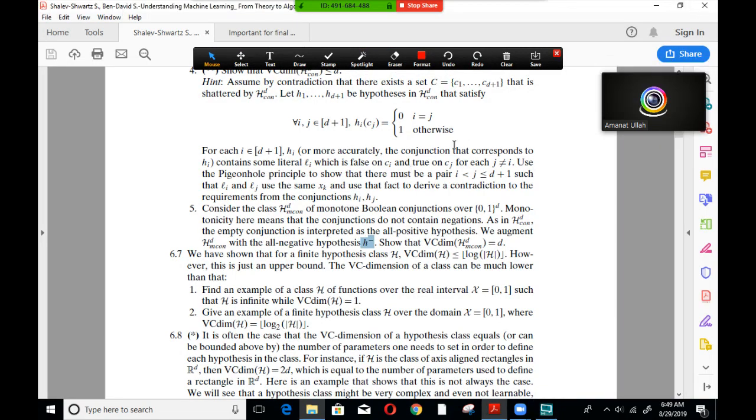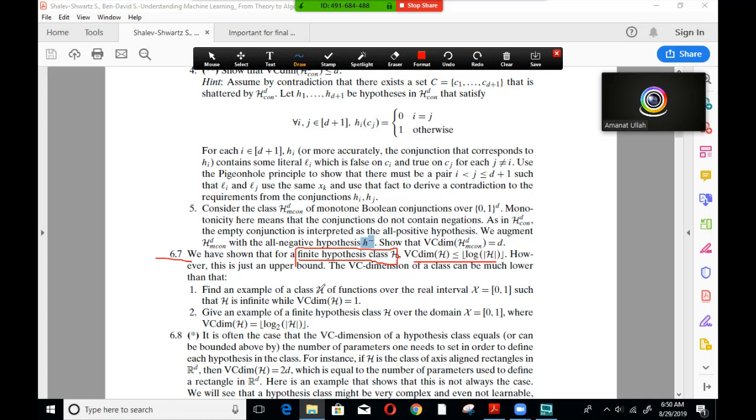So now for the next question, 6.7. The question states, we have shown for a finite hypothesis class H, the VC dimension is smaller or equal to log of the size of H. However, this is just an upper bound. The VC dimension of a class can be much lower than that.